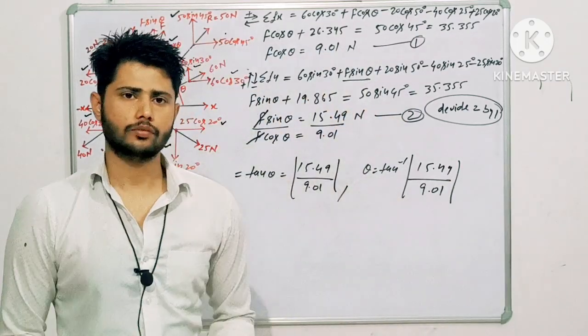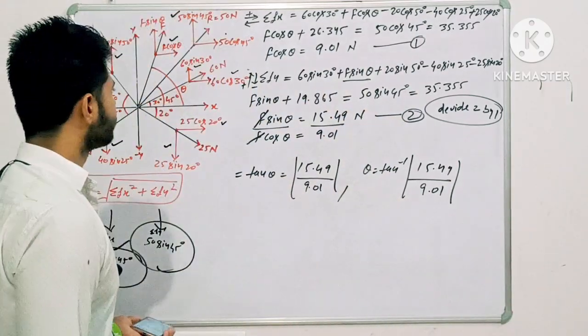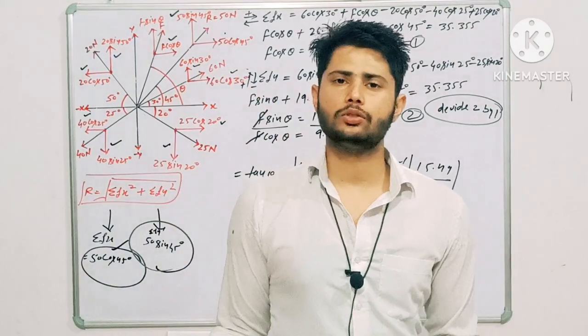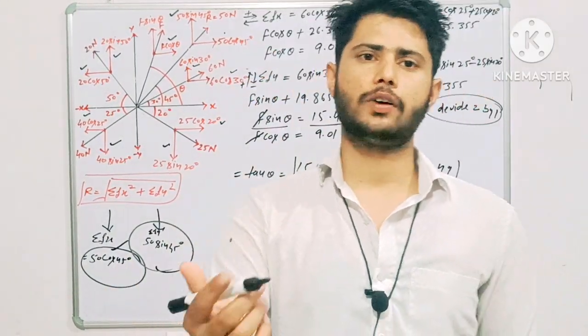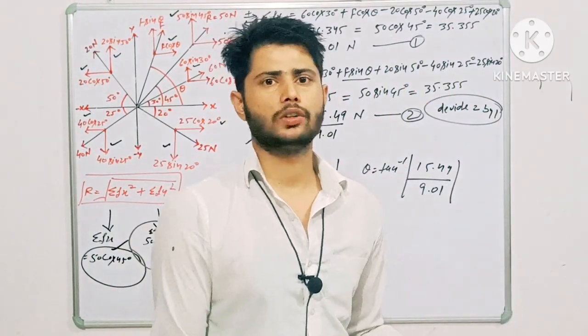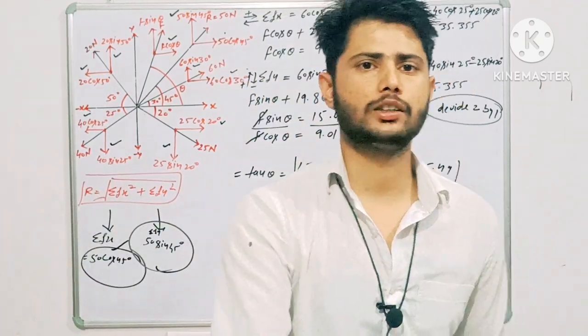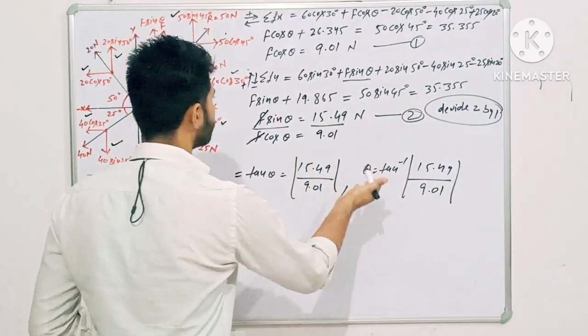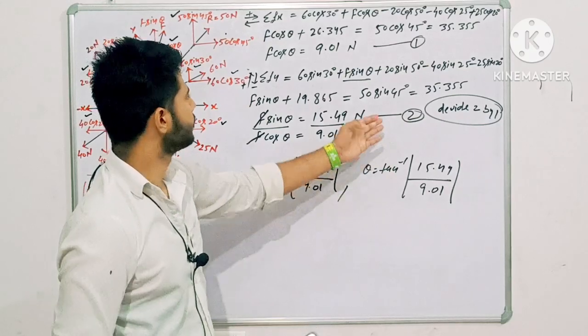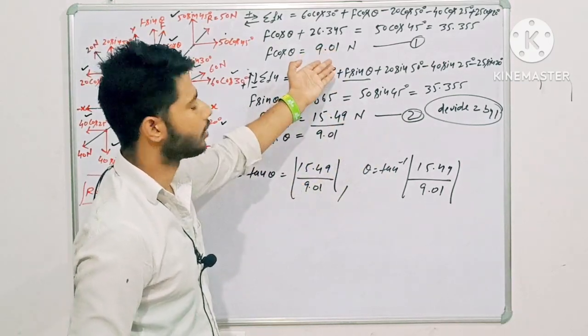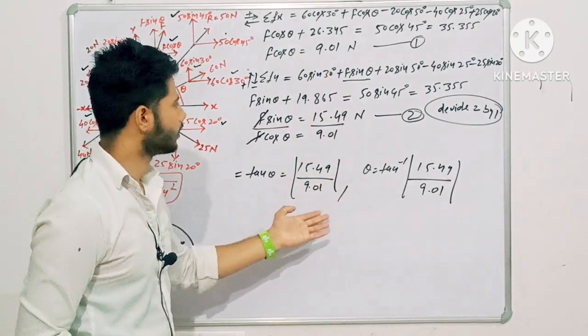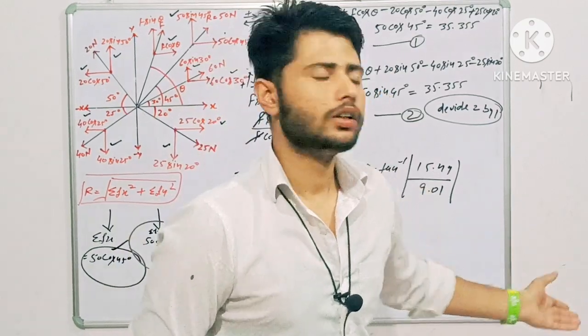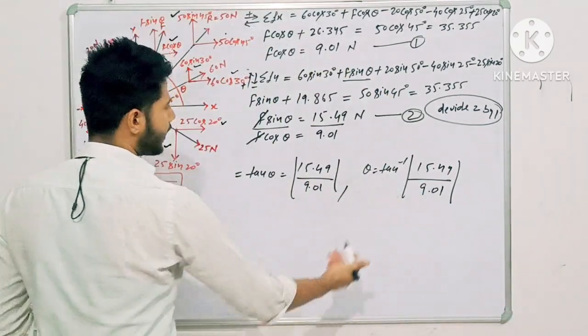According to our direct formula for direction, theta is equal to tan inverse of summation of Fy divided by summation of Fx.